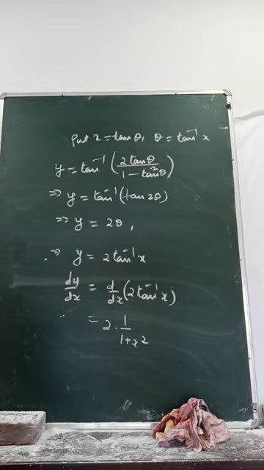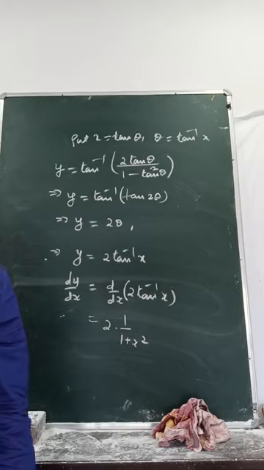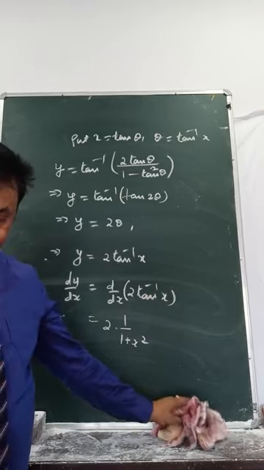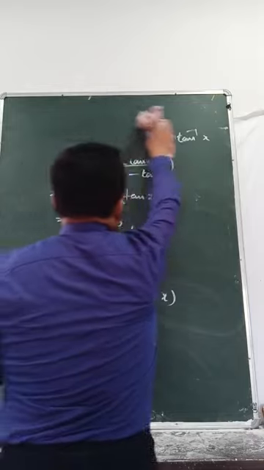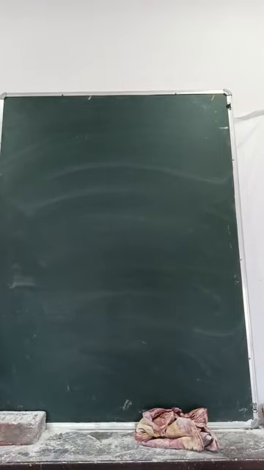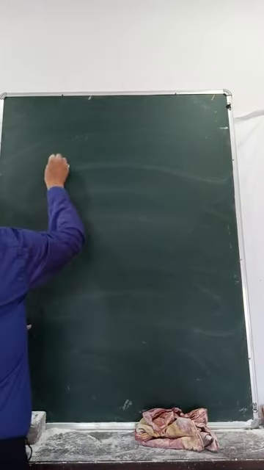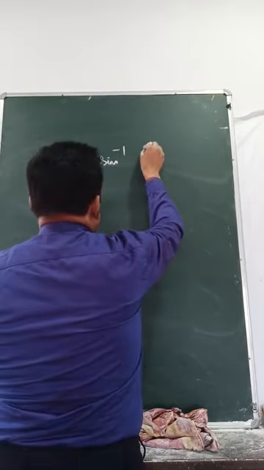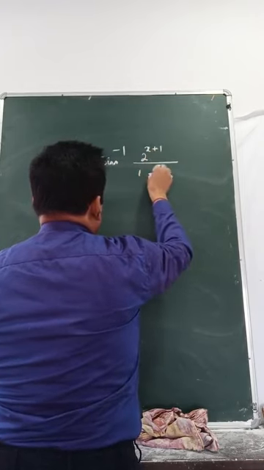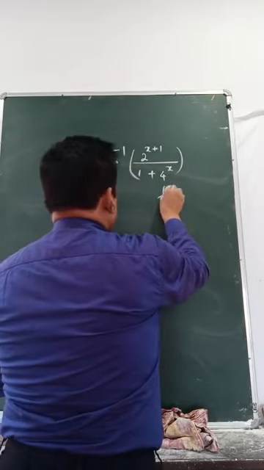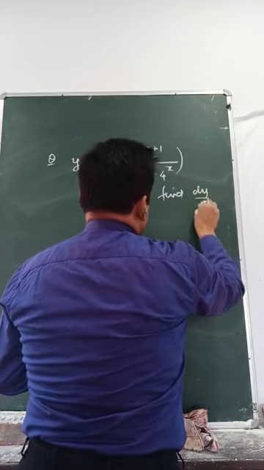Suppose you get this question like y equals sin inverse of 2 to the power x plus 1 by 1 plus 4 to the power x. Find dy by dx.